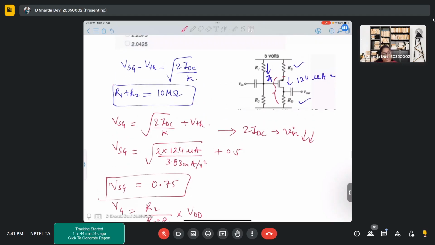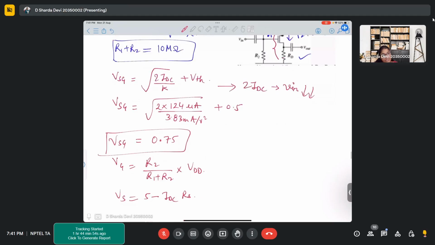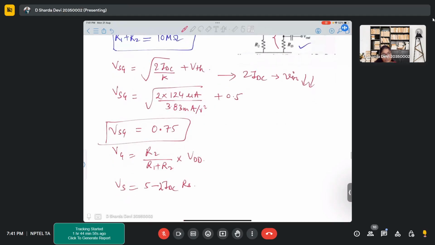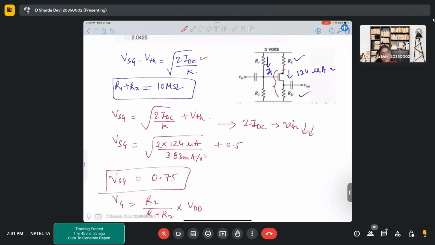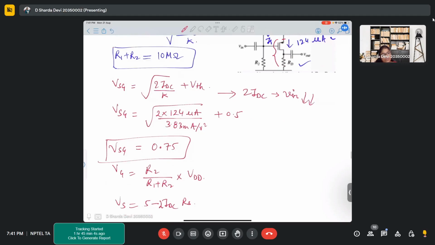If we are considering 2 IDC here, then definitely we have to consider 2 IDC over here as well, for the uniformity. In this formula, if we are considering 2 IDC, then here also we need to consider 2 IDC.